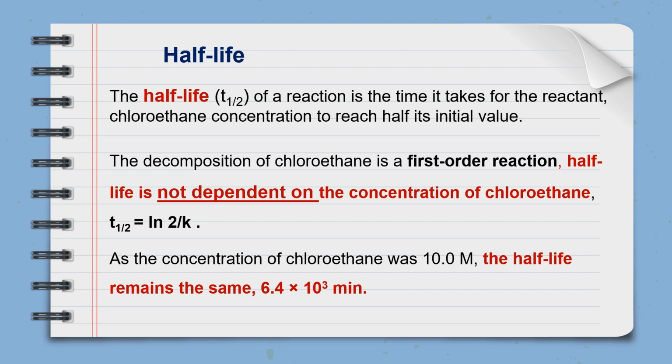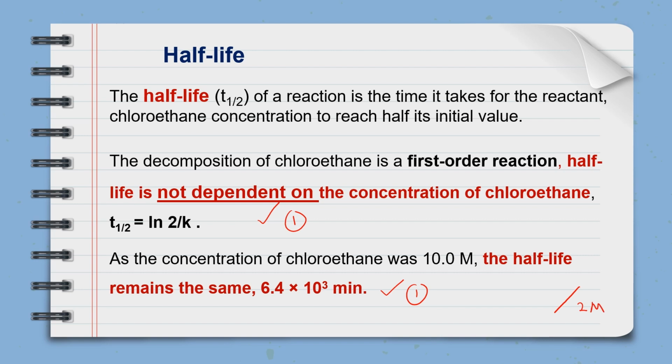For this part, 1 mark is given to: the half-life does not depend on the concentration, or t half equals ln 2 over k. Another mark is for the half-life remaining the same, which is 6.4 times 10 to the power of 3 minutes. So question number 1A2 is 2 marks.